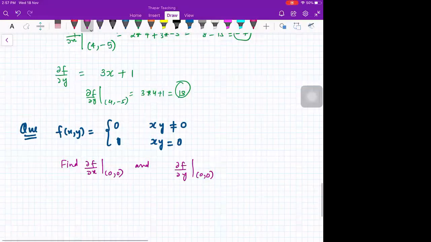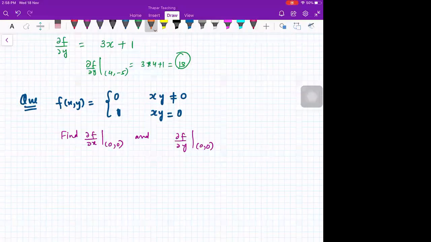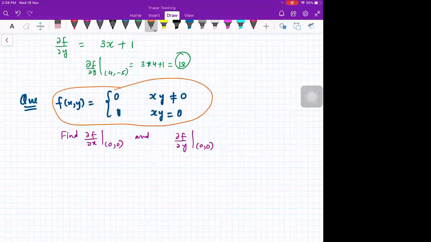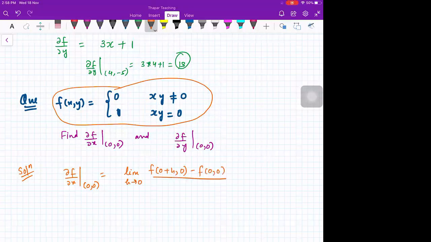Right? So here we will use the definition, because you know that here you cannot compute the derivative as such. You have to use the definition. So let us find the partial derivative with respect to x. That will be, by definition, the limit as h goes to 0 of f(0+h, 0) minus f(0,0) upon h.